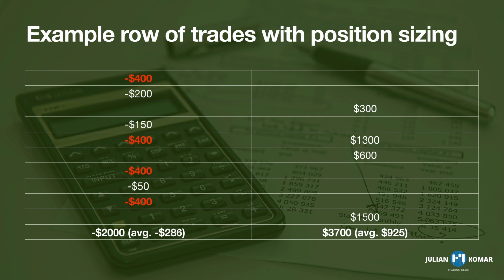And if we now put a position size management on top, we eliminate those big losses. Here you can see that. In this example, I limited all losses with stop loss orders and right position size calculation to 400 US dollar. And you can see that we now have one more loss.